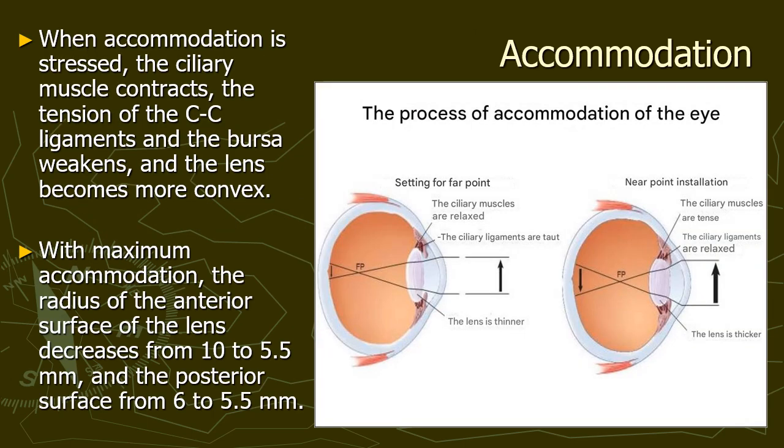So, what happens in the case of accommodation? First of all, if we have an object at a great distance, the eye is in a relaxed state, that is, there is no tension of accommodation. The ciliary muscle is relaxed, and the eye lens is in a stretched state due to the tension of the ligaments.